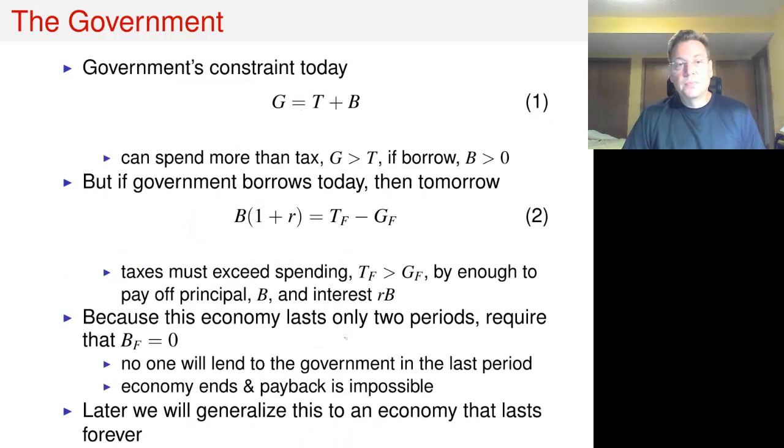Okay, so the government's constraint today is simply that spending equals taxes plus the amount of revenue generated by selling debt or by borrowing. One thing that's going to be important to realize is because this economy only lasts 2 periods, the government can't borrow anything new in the second period.